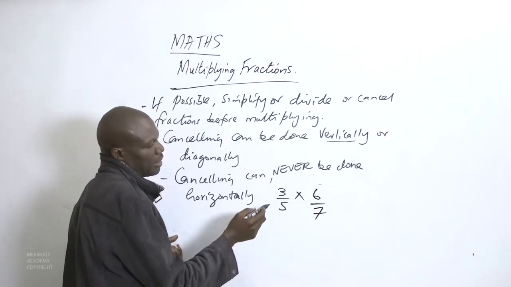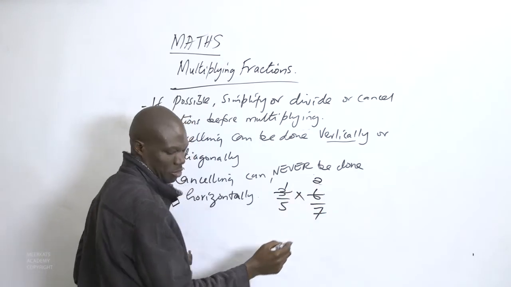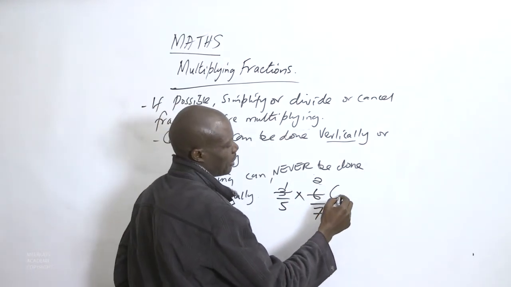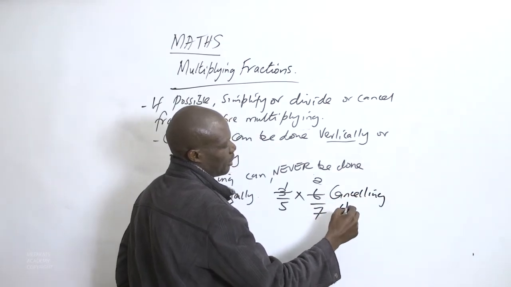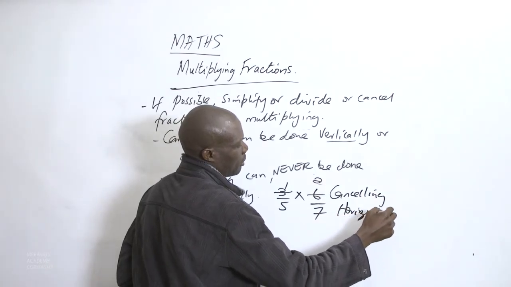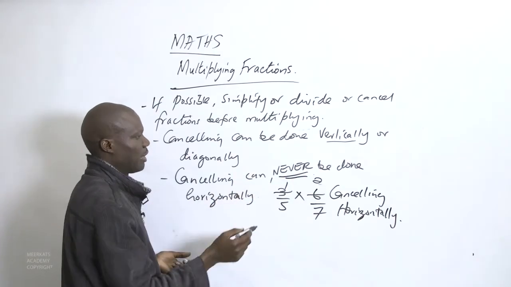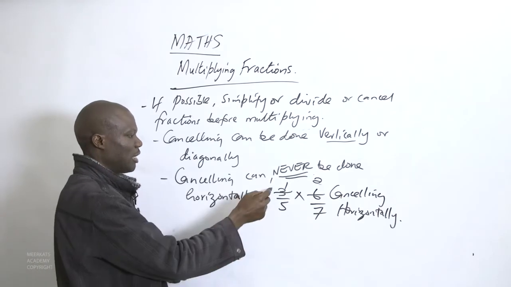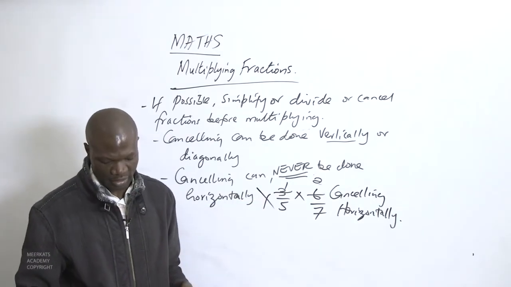Now, when a learner decides to cancel by 3 here, 3 divided by 3 is 1 and 6 divided by 3 is 2, this one is cancelling horizontally. And as we can see here, cancelling can never be done horizontally. So this is wrong. We cannot cancel like that.